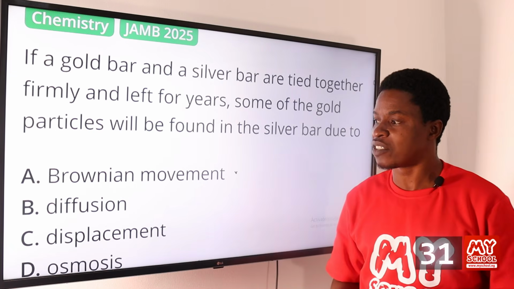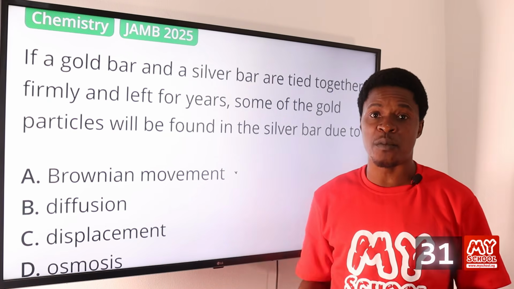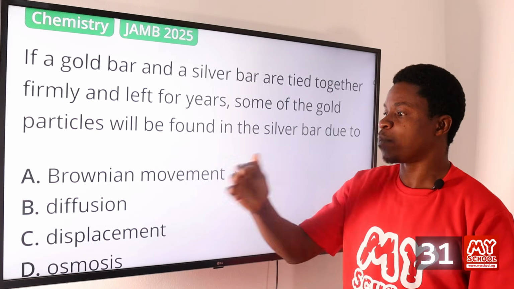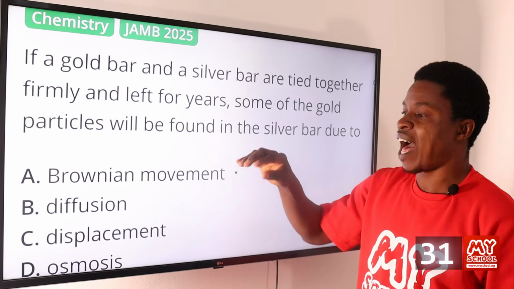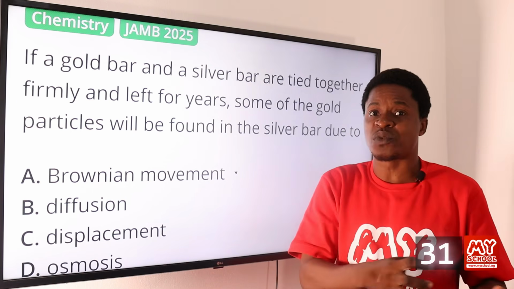Let's look at another option. Option C says displacement. Displacement is a general term for change in position. Yes, that's what displacement is. There's a change in position, but that does not tell us what happens. That does not account for the movement. What makes it move to that point? That is what we are looking at.